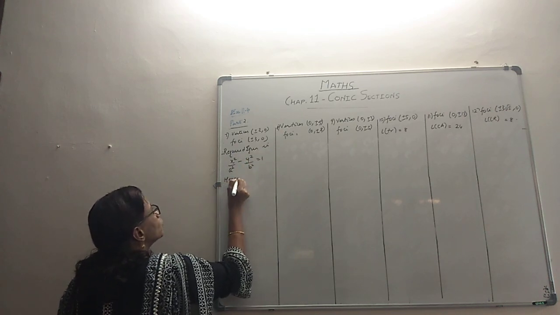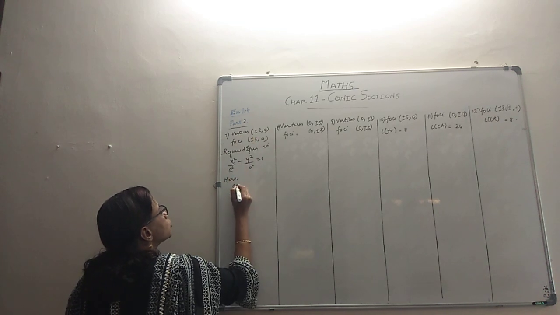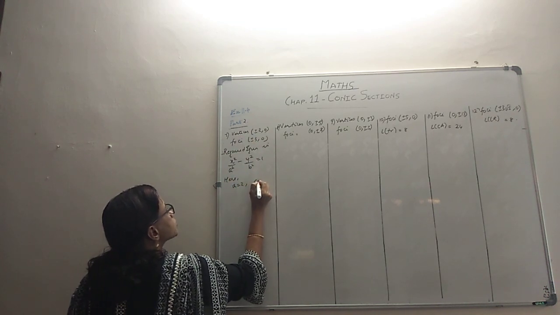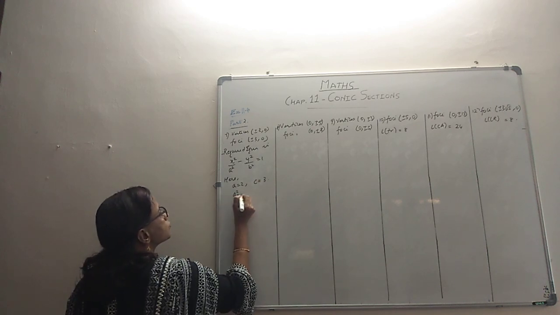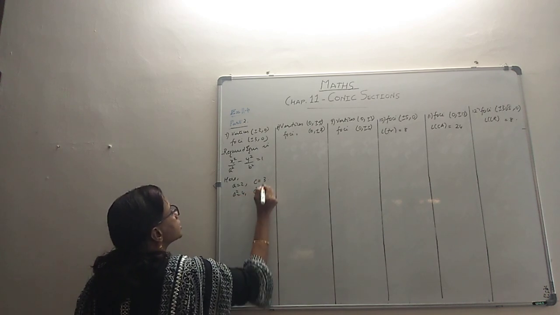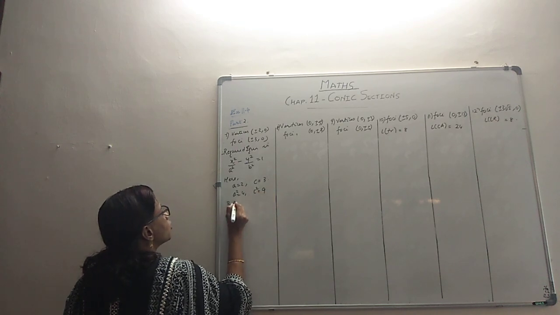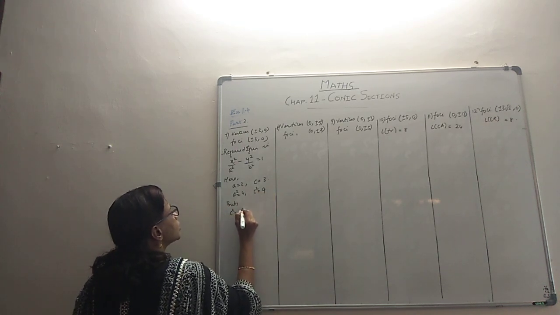And here, the vertex we know is always a and the foci we know is always c. So a squared is 4 and c squared is 9. But we are all aware that c squared is a squared plus b squared.